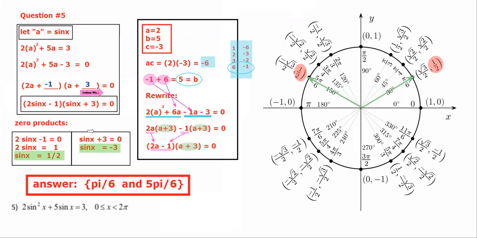So that's extraneous because it's not in the range of sine x. So therefore, going to the wheel, this equation will work for pi over 6 or 5 pi over 6. Those are the 2 locations on the unit circle where sine of x equals positive a half. So the correct answers were pi over 6 and 5 pi over 6.